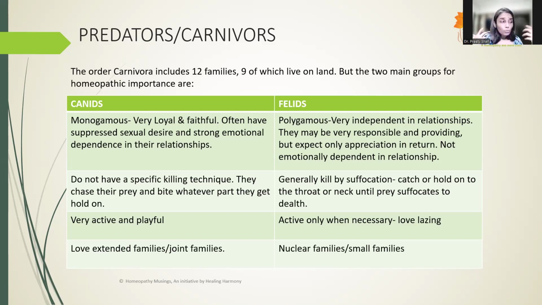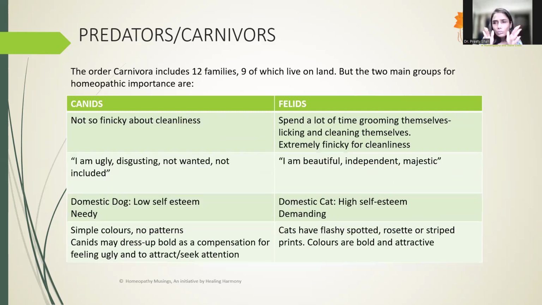Again, in homeopathic or human language, canids are big families and groups and joint families, and felids are more nuclear families, small families, more by themselves. I spoke already about canids not being so finicky about cleanliness. Felids are very, very particular about grooming and finicky about cleanliness and perfection.